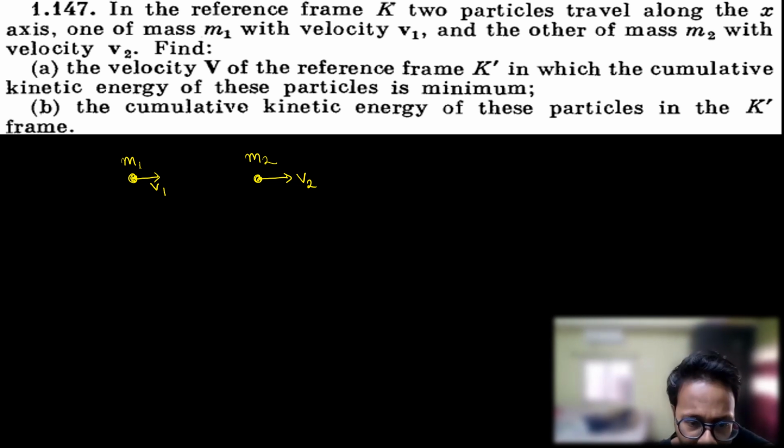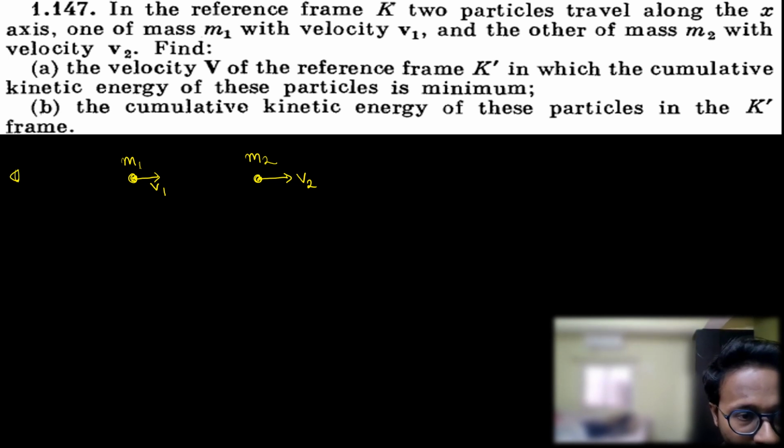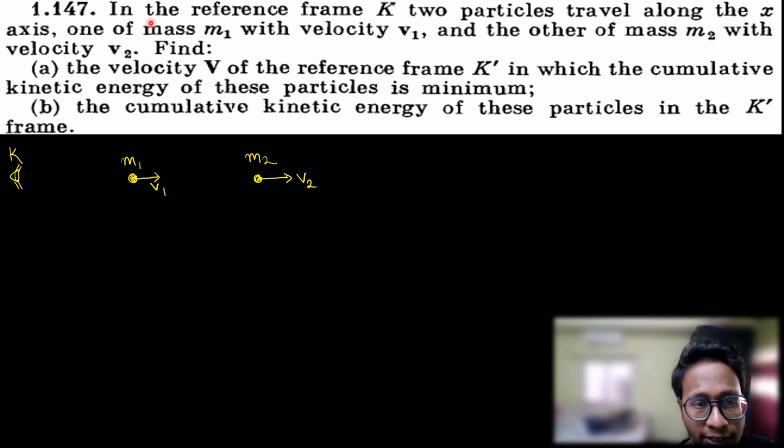But one thing you must realize is kinetic energy is dependent upon frame of reference. Because this v1 and this v2 are velocities of these two masses according to some observer. So in this question, it is given an observer K. Whenever there is a frame of reference, we just assume an observer. Frame of reference means observer.